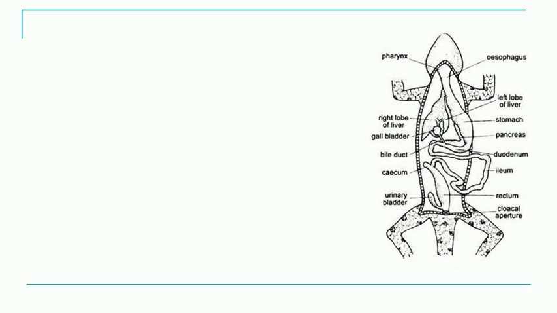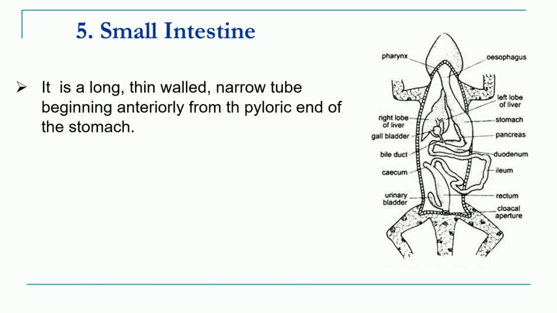So after the stomach, we come to the next part of the alimentary canal, that is the small intestine. From the stomach arises a long, thin-walled, narrow tube-like structure. It starts from the pyloric end of the stomach, and it is a very coiled structure.